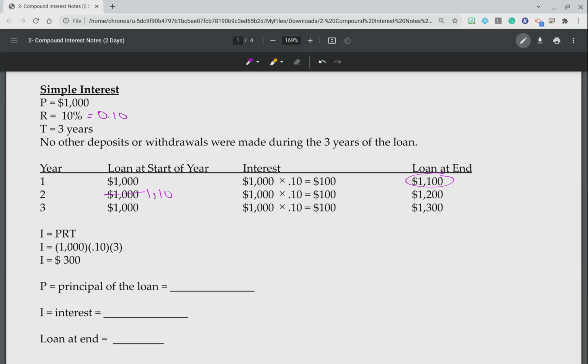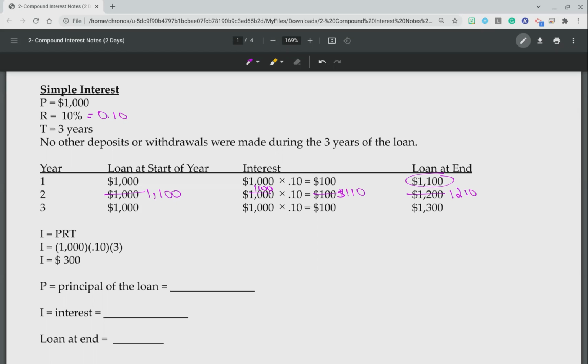Then I would take that number, the 1,110, and multiply it by 10%. This is now $110. So my loan at the end is $1,210.